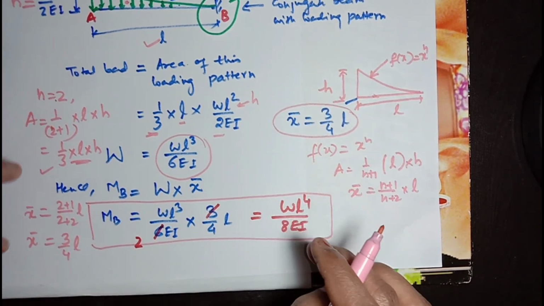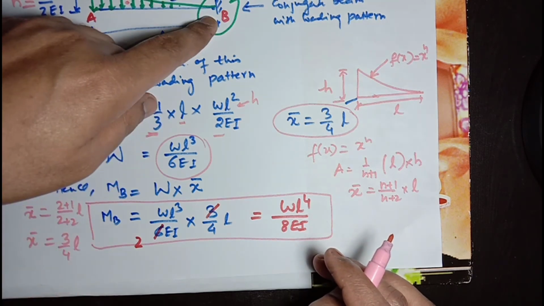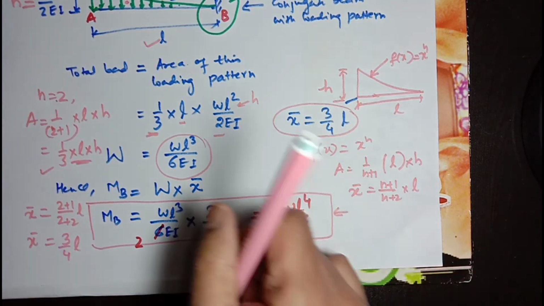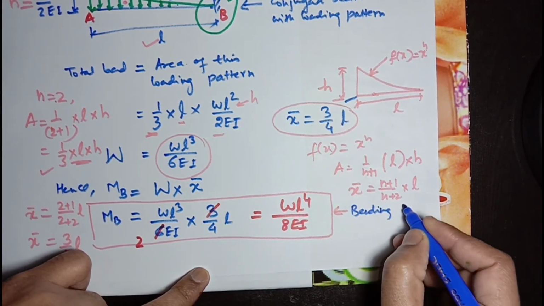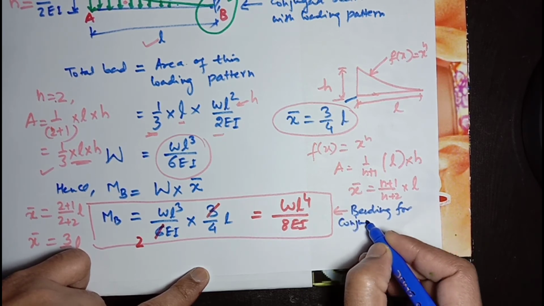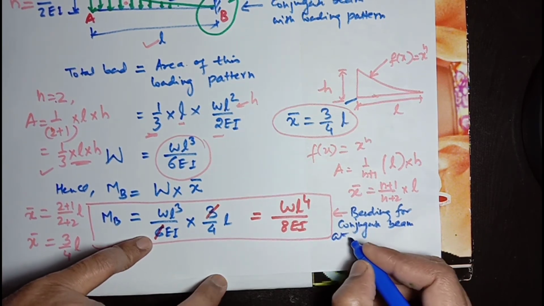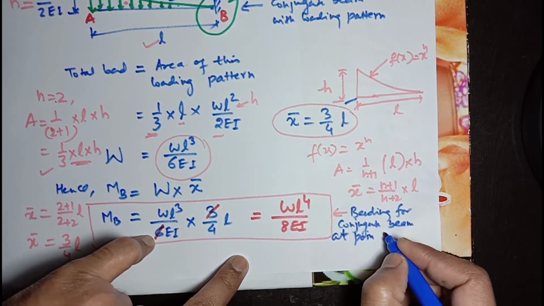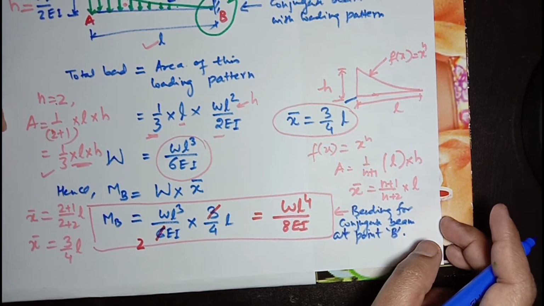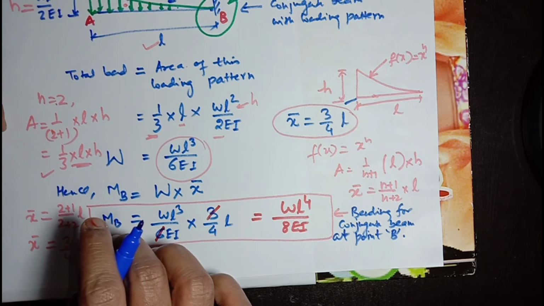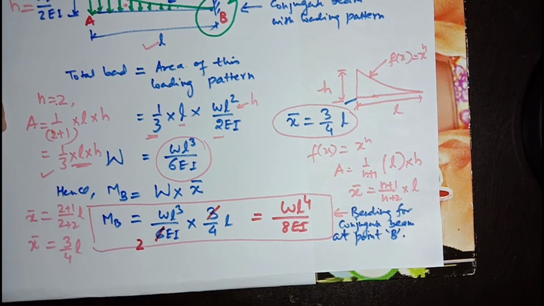So we have calculated WL to the power 4 divided by 8EI, which is the bending moment at point B for the conjugate beam. As per the statement of the conjugate beam theorem, the same bending moment will give the deflection at the same point for a real beam.